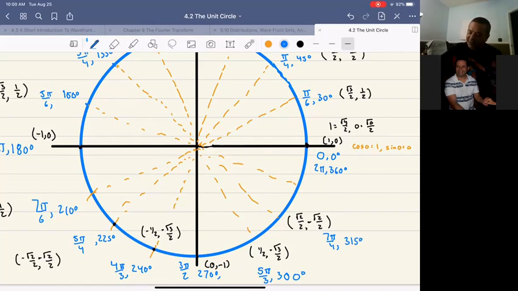Finally, the last point here. Square root of 3 over 2, 1/2. I should have a negative somewhere. Let's put that here. What is the angle? 360 degrees minus 30 is 330 degrees, or 2 pi minus pi over 6 is 11 pi over 6.